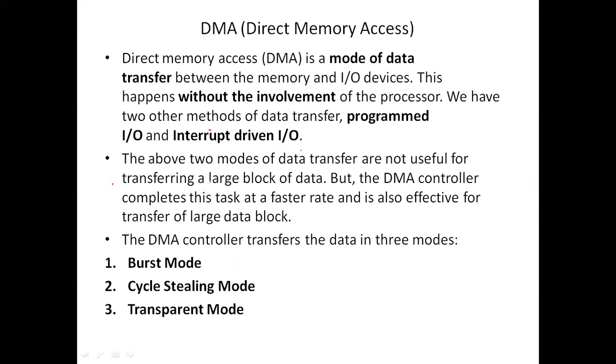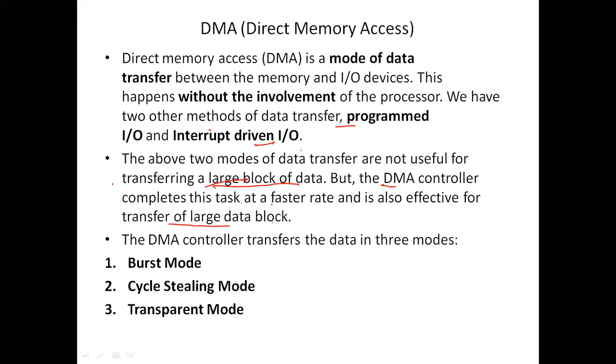As we already know, programmed IO and interrupt driven IO are not useful to transfer a large amount of data. That's why the DMA controller completes the task at a faster rate and is also effective for transfer of large blocks of data.